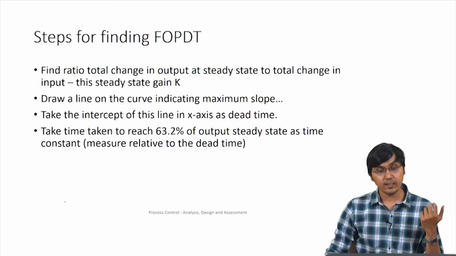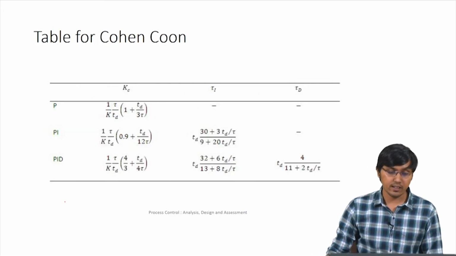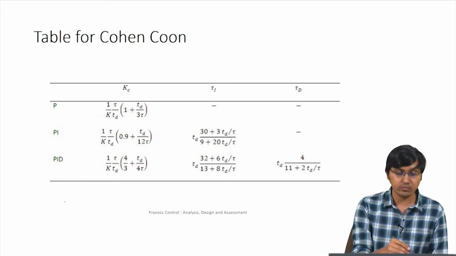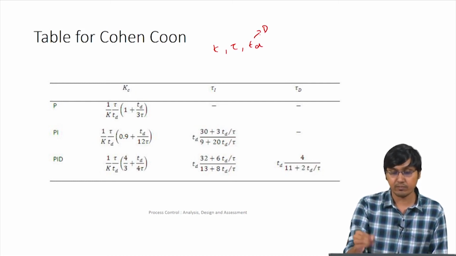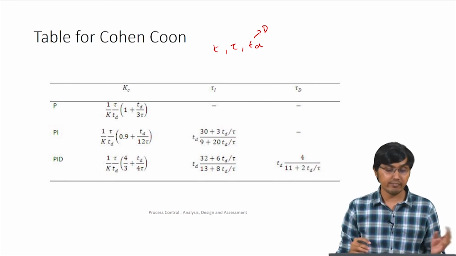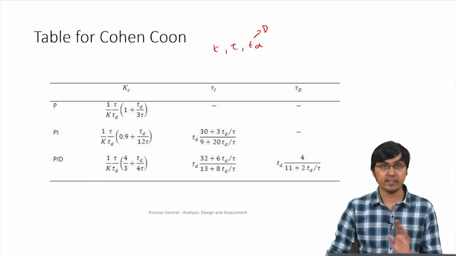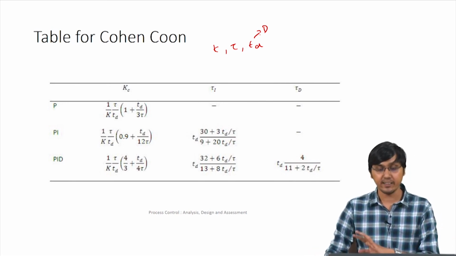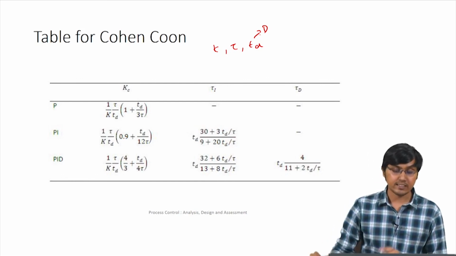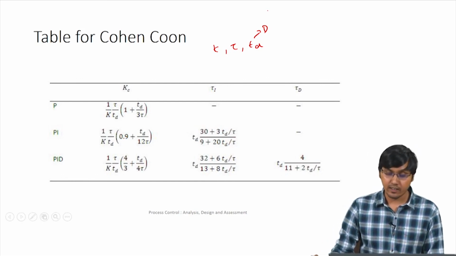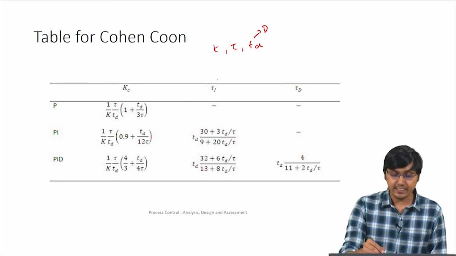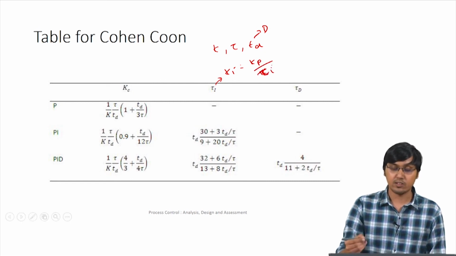Maybe you can go through this. Once we have the values of k, tau, and td, which is the dead time, we can use this table to find the values of kp, ki, and kd for the PID controller. Ki is nothing but kp by tau i.